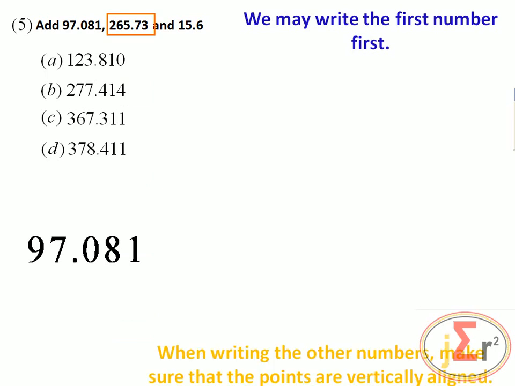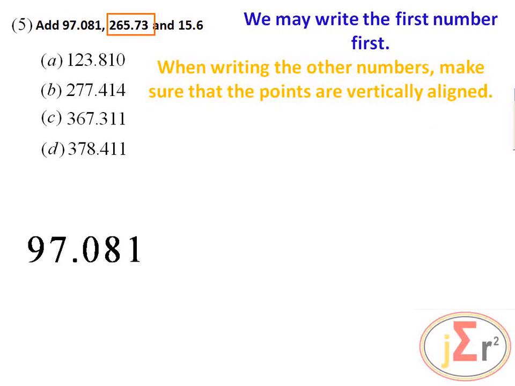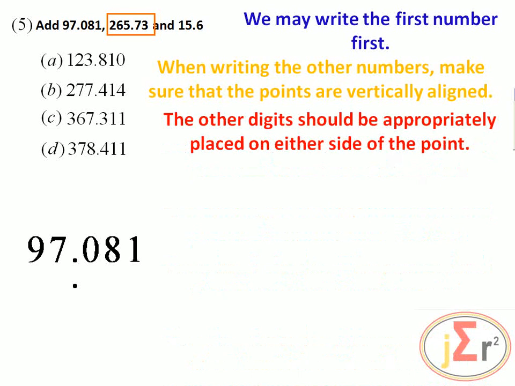So in writing down the first number, we just write it down. But when writing the other number, we have to make sure that the decimal points are vertically aligned. Your point will be placed vertically below the point of the first number. The other digits should be appropriately placed on either side of the point.